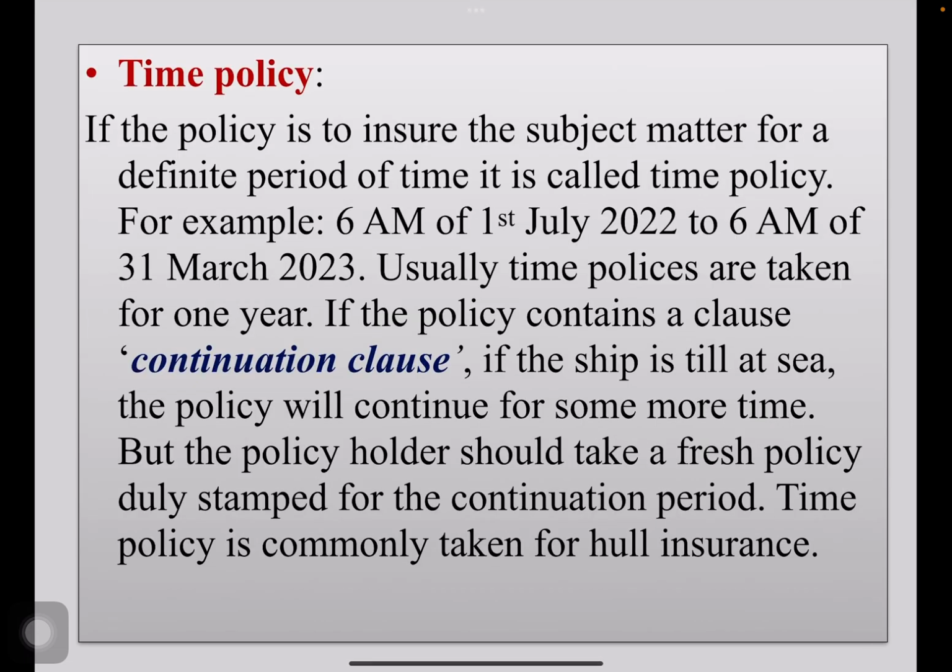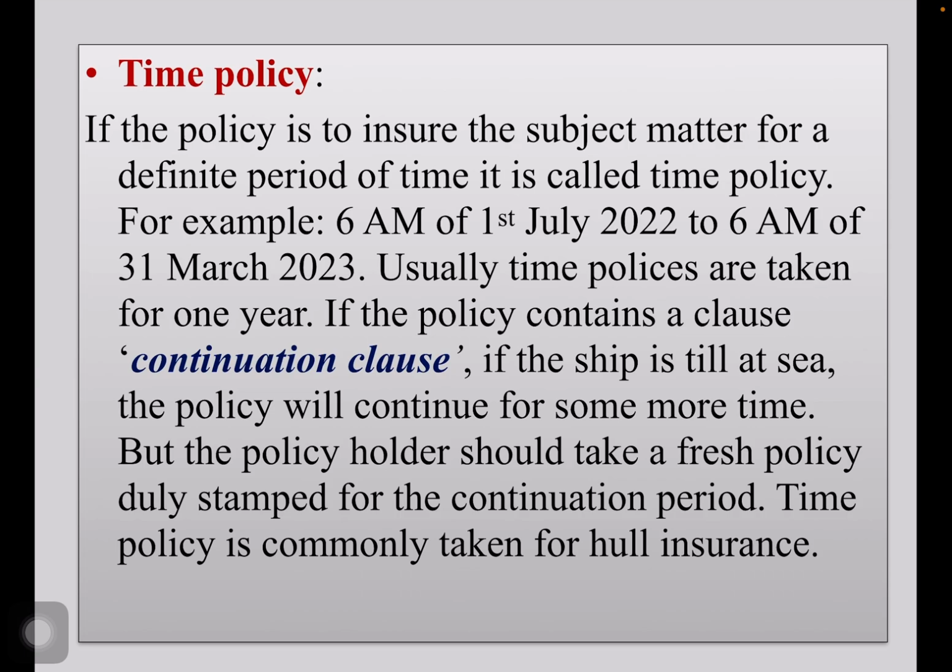Next one is time policy. If a policy is to insure the subject matter for a definite period of time, it is called time policy. For example, 6 a.m. of 1st July 2022 to 6 a.m. of 31st March 2023.